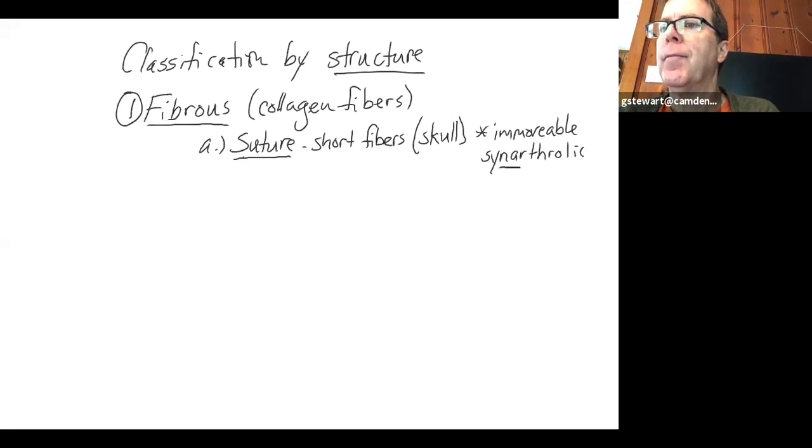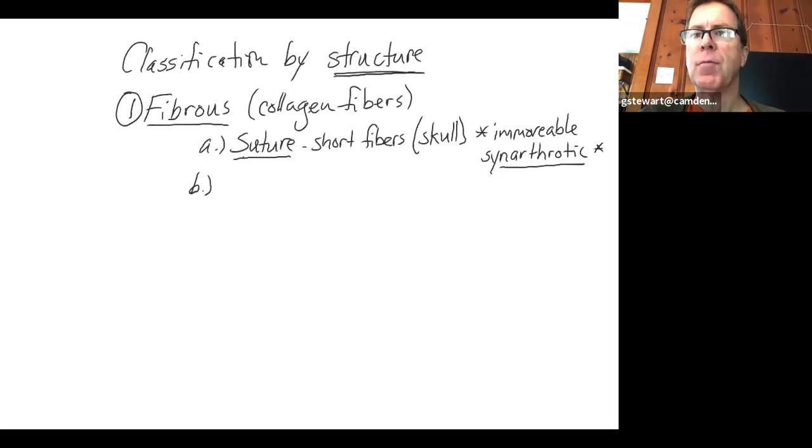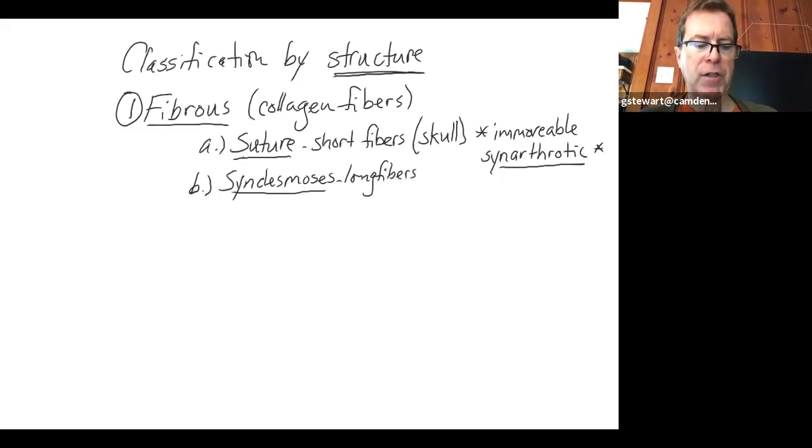Okay. So what I'm going to do is list these classifications by structure and then always try to get them classified by function at the end. The second type of fibrous joint is called a syndesmosis. Syndesmoses. And these are longer fibers. I'm trying to squish this in here. So syndesmoses, they're longer fibers.